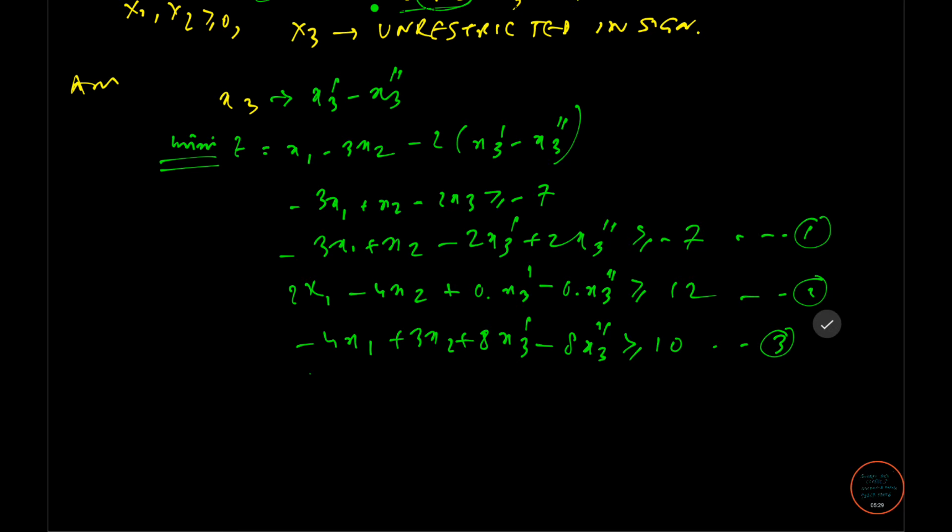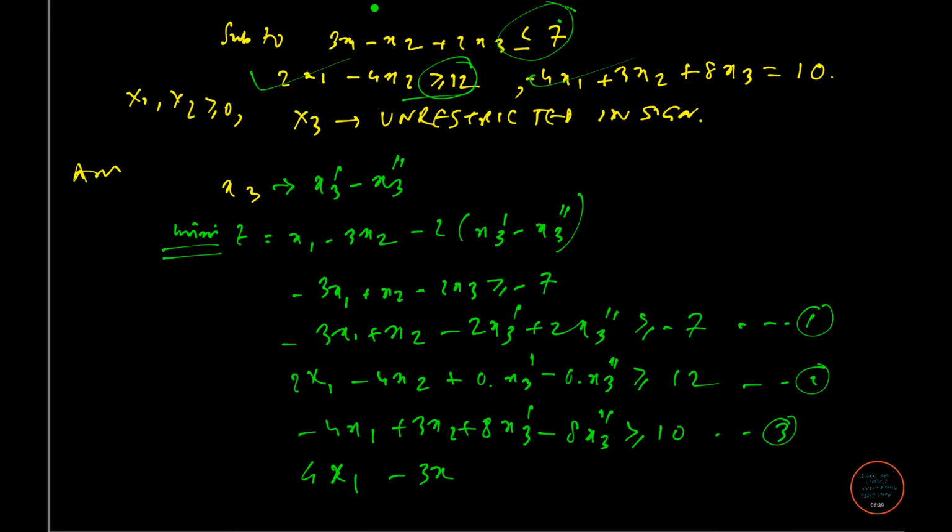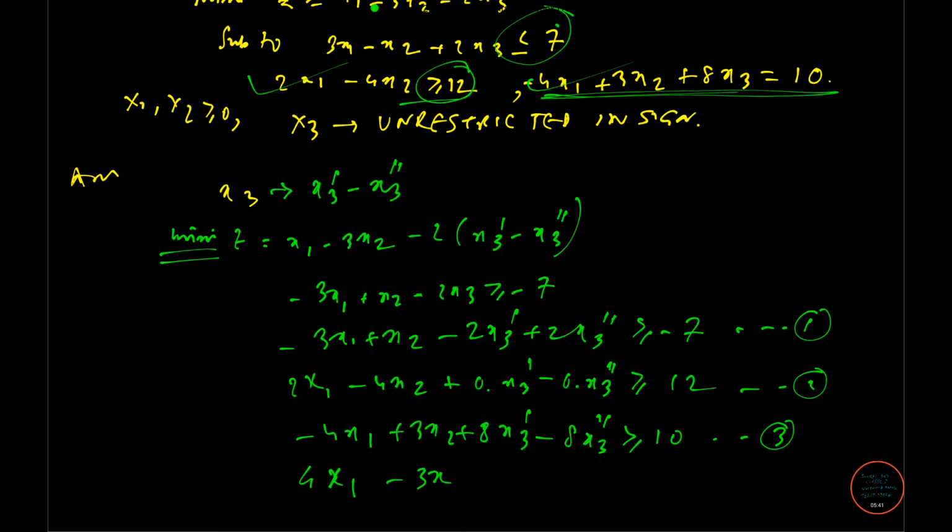And the fourth one is 4x1 minus 3x2. Now we are making it minus again, and with respect to the sign changes, minus 8x3 dash plus 8x3 double dash, greater than or equal to minus 10.